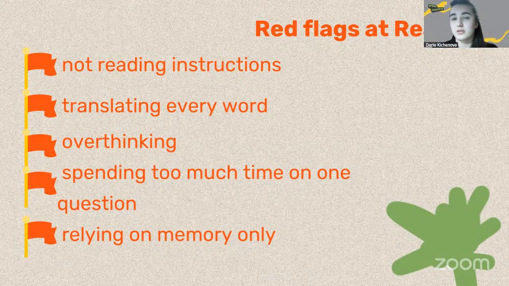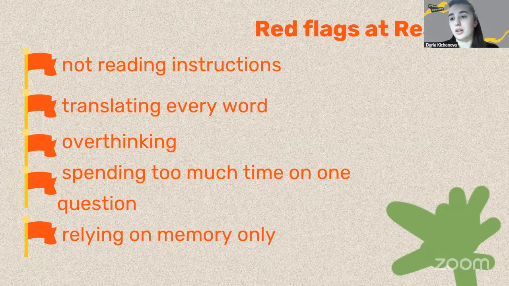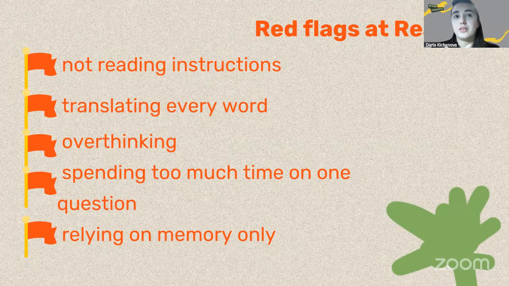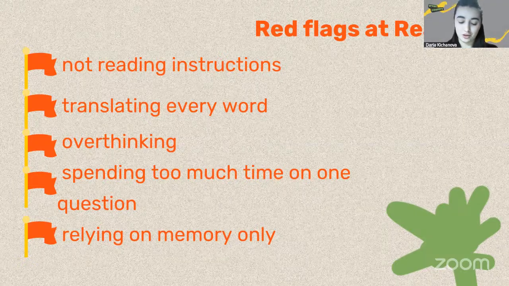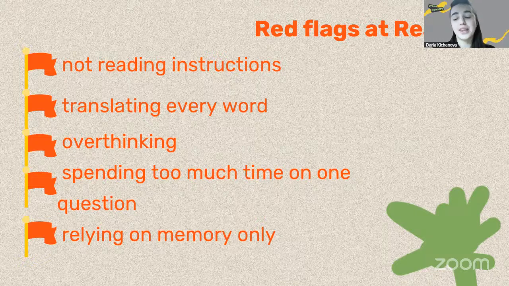But if you spend, I don't know, 30 minutes out of 1 hour, you will start panicking that you don't have enough time, you don't have enough knowledge, and you start overthinking. So just keep going and come back.